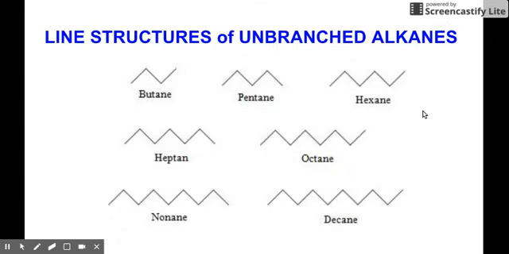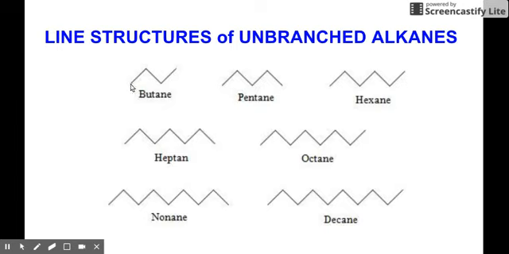So very easy. All you need to remember is the associated number of carbon atoms, and there you go. You're going to get its name. Same thing if you're given skeletal or line structures of your unbranched alkanes. All you need to do is count every point, and that's how you'll know how many carbon atoms you have, and that's going to guide you with your name.